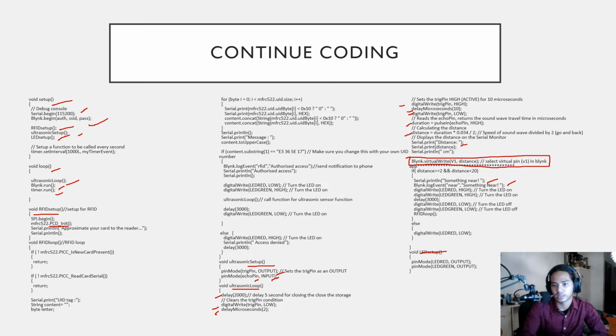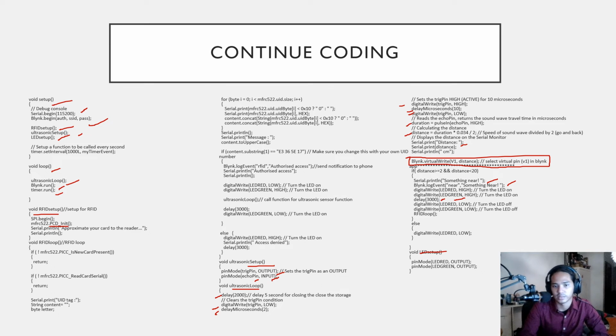The LED is high, which is the red LED, and the green LED will be high, and it will delay for 3 seconds and then turn off. It will turn off the red LED and the green LED will go low.